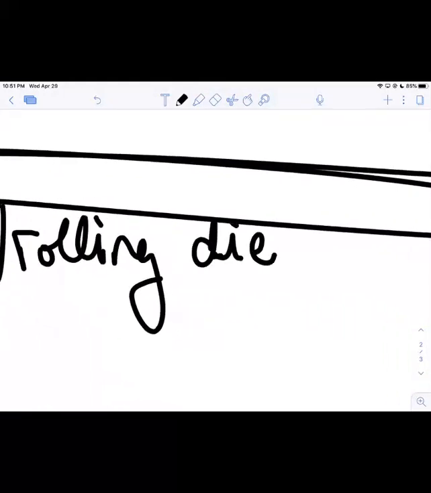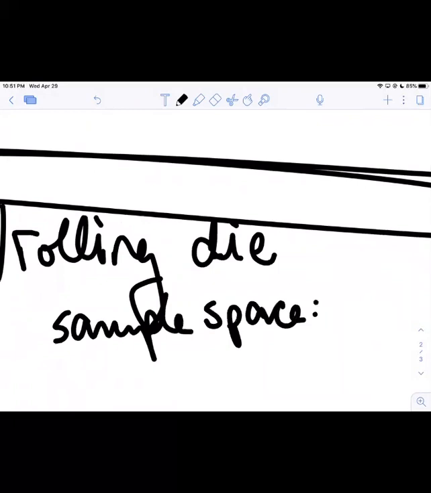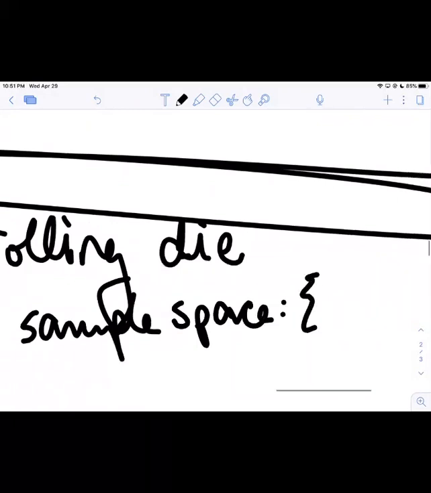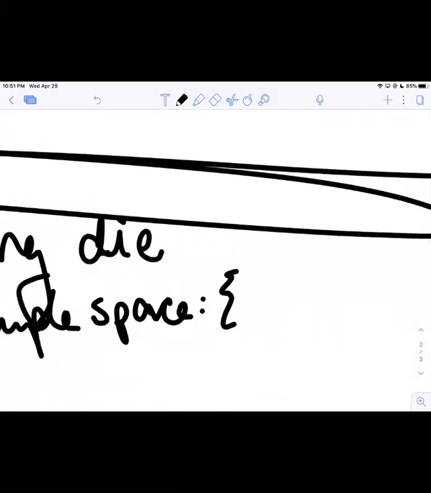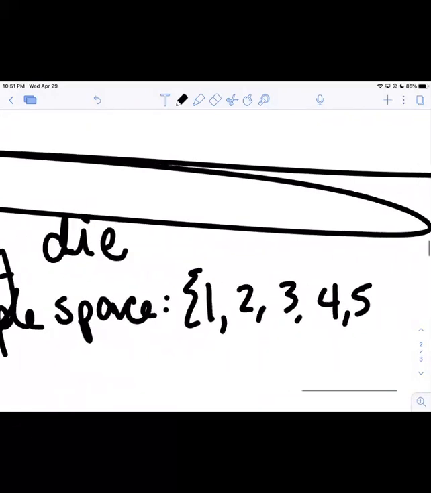All right, my sample space, which means all of my possible options, includes what? Normally we don't list it because we're really familiar and very comfortable with the die, but if I were to list it, my sample space is 1 through 6. So every number 1 through 6, there's a side of the die that has those numbers, okay?